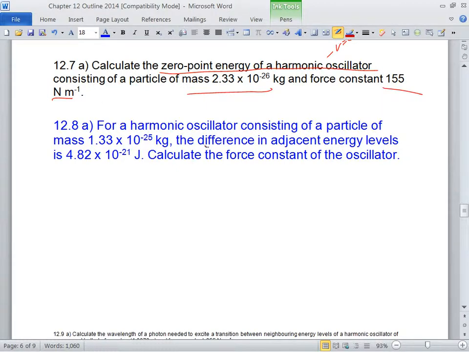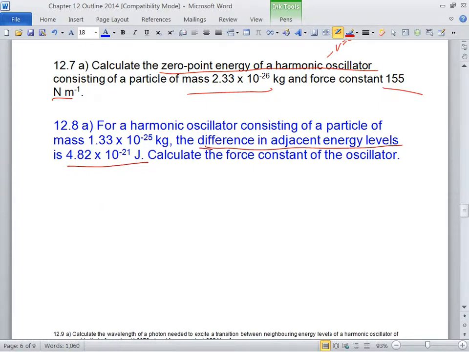The difference in adjacent energy levels is this many joules. You would use the harmonic oscillator equation, the E plus minus v equals h bar omega.